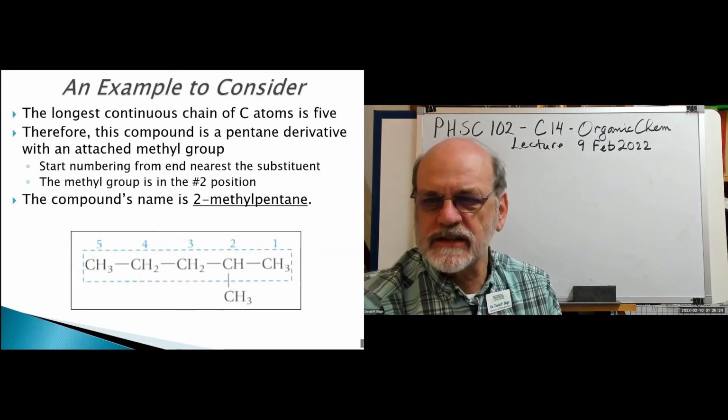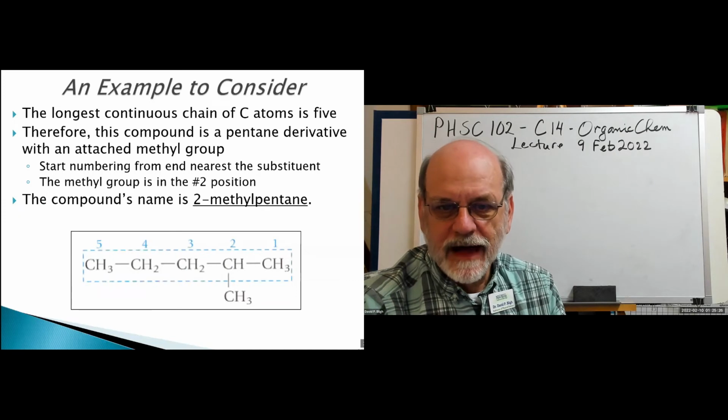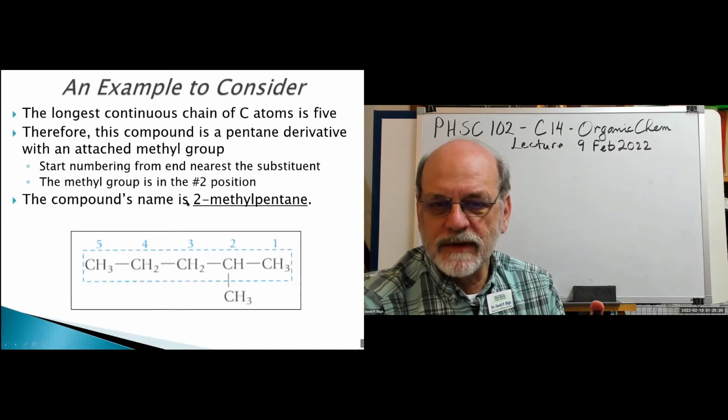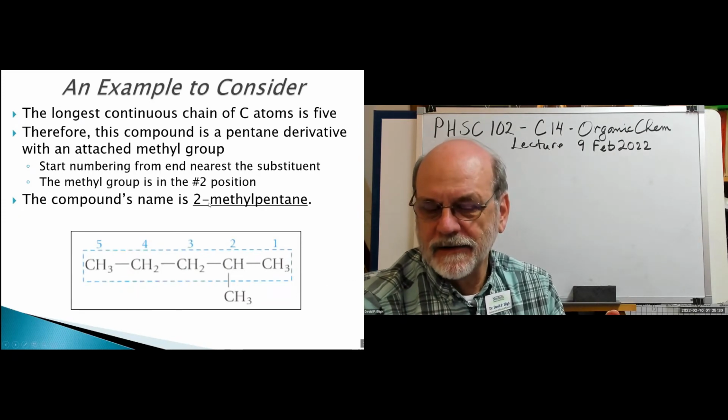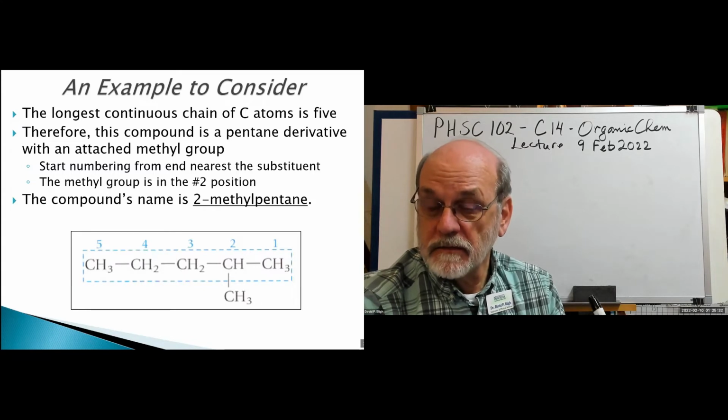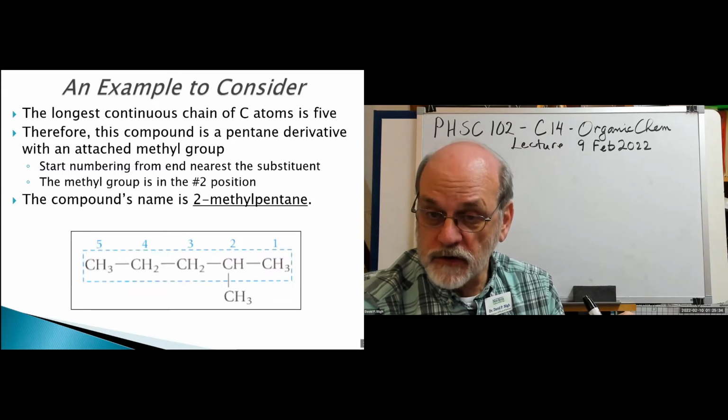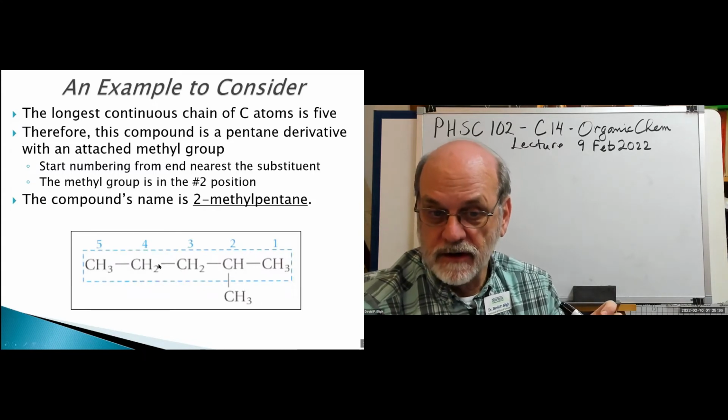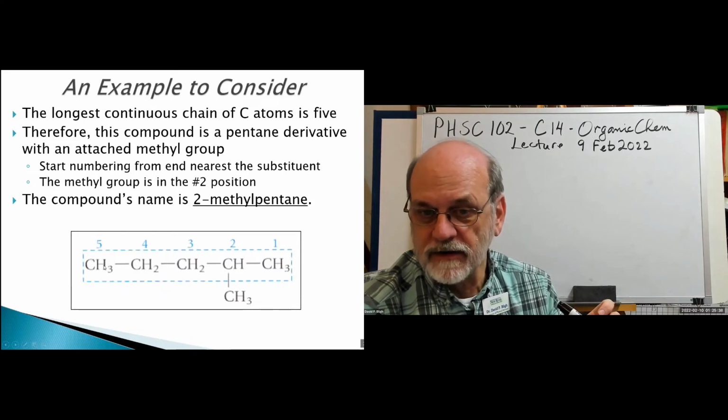Okay, so we need some examples. How about this one? The compound name is 2-methylpentane. So what's the root structure? It's pentane, 5 carbons. So here we go, 1, 2, 3, 4, 5. And methyl is on the second carbon. So we put the methyl group on the second carbon right here.